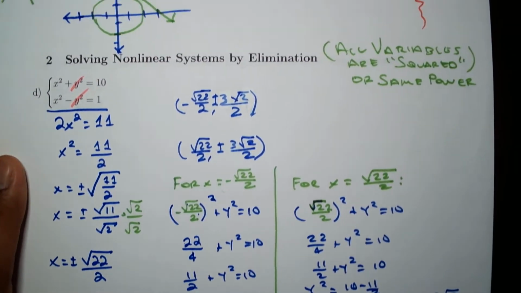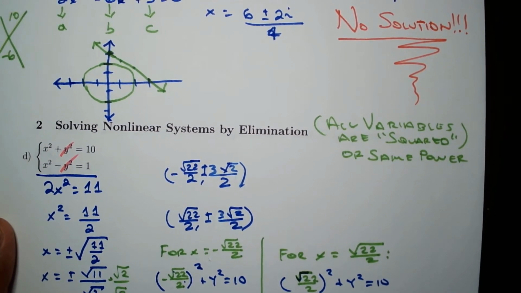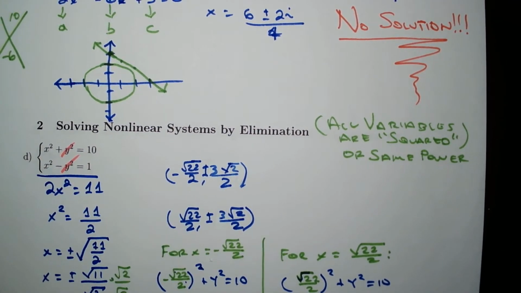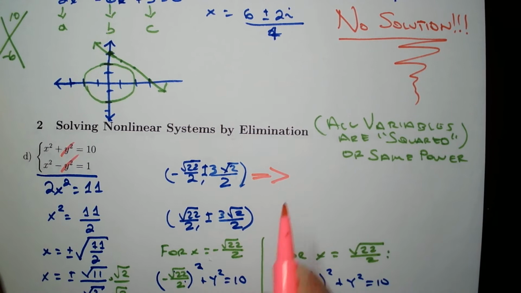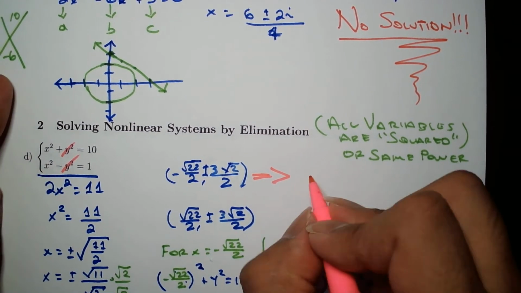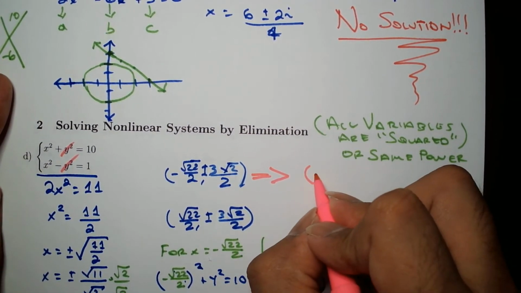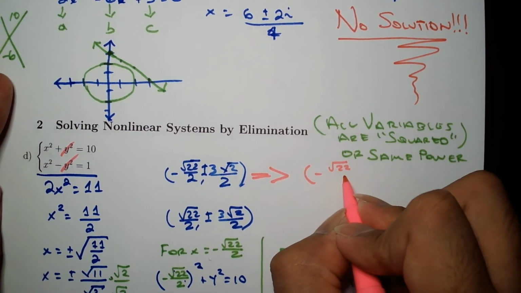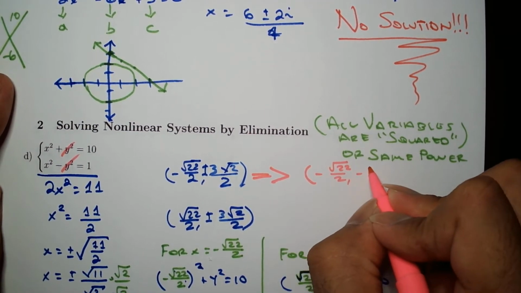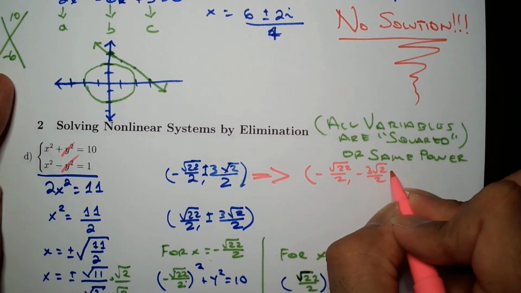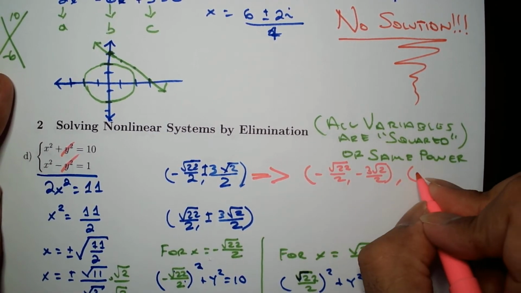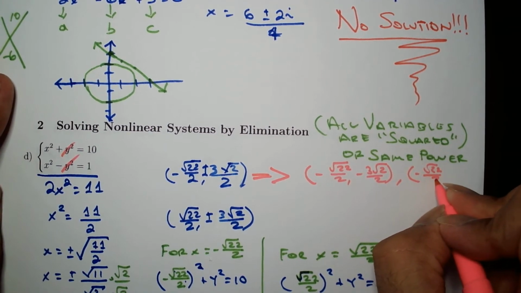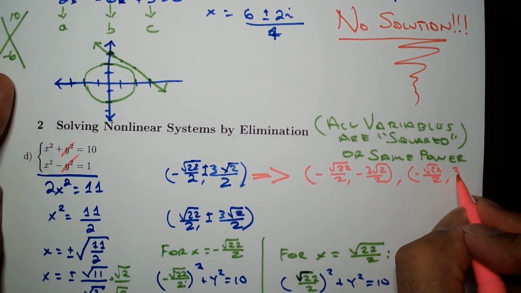Okay, but what is this solution going to mean? Well, in this case, and I'm going to use a different color to express the solutions, this is going to be split into two ordered pairs. Number one with both negative, and then one negative and one positive.